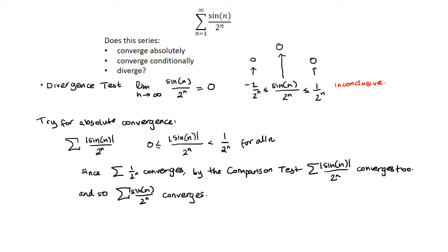Because convergence of the series with just the magnitude of the terms implies convergence of the series where we have signed terms. And from this we can conclude that since this guy converges, our series is absolutely convergent.